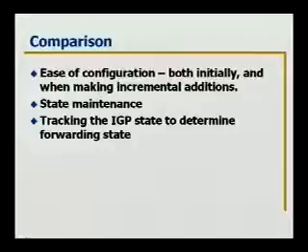LDP, on the other hand, if I want to add a new node in the network, all I do is put it in and enable the protocol. It will automatically discover the neighbors, it will automatically distribute labels, and it will just work, well, hopefully. Secondly, from the point of view of state maintenance, I don't want to get into the discussion of soft state versus non-soft state, but just think about it this way.